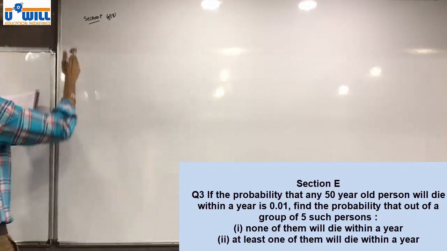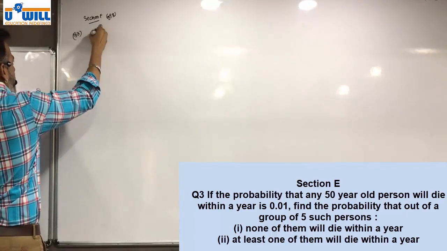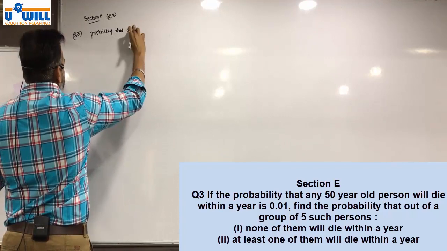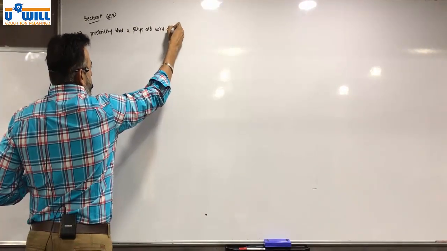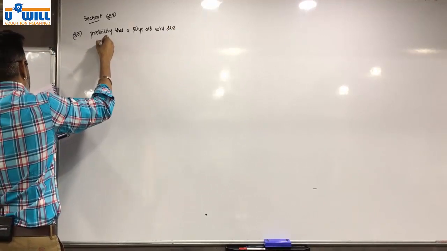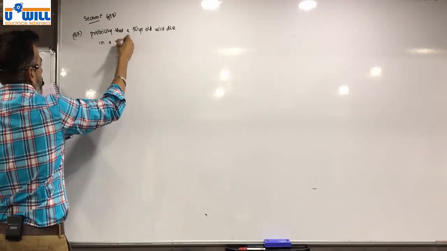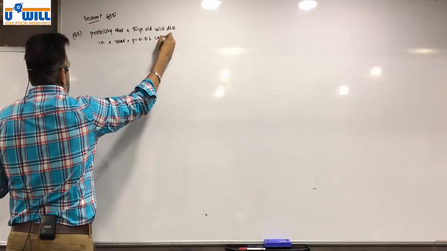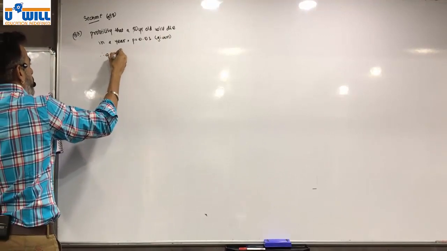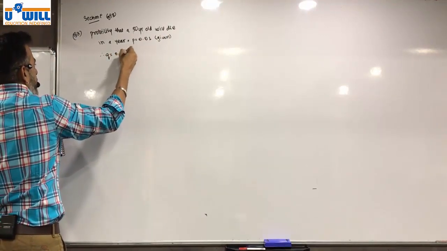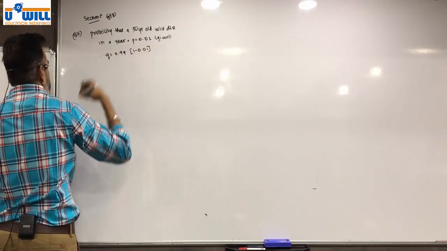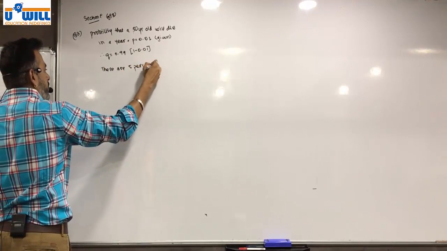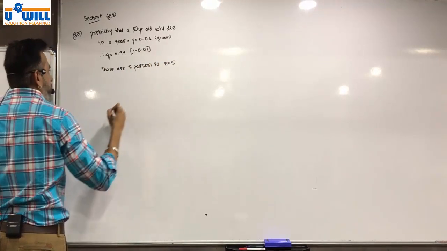Okay, write this. Question 3. Probability that a 50-year-old will die in a year is equal to p is equal to 0.01. This is given. Therefore, q is equal to 0.99, 1 minus 0.01. There are 5 persons. So, n is equal to 5.